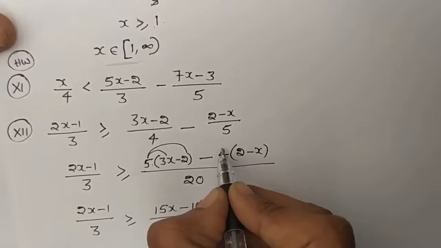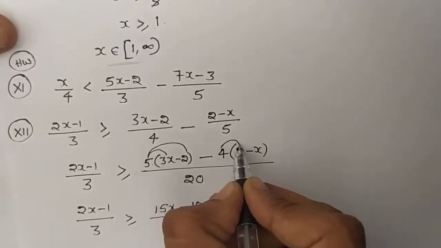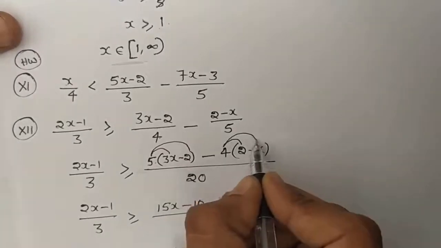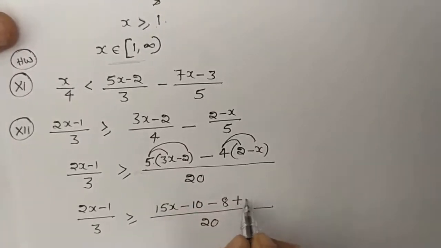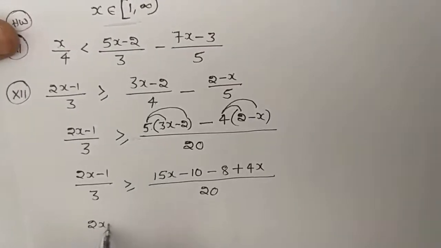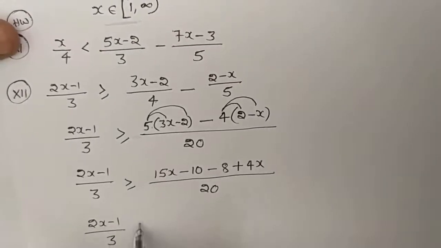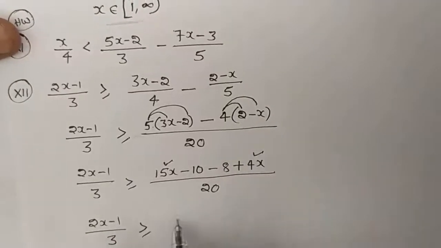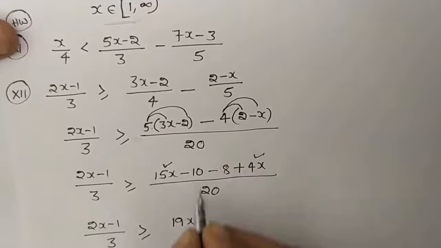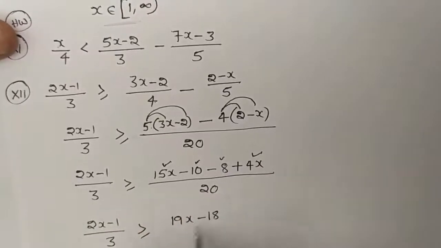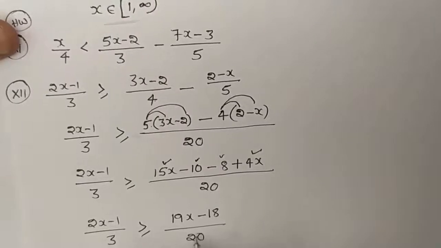Next, minus 4 into 2 is minus 8, and minus 4 into minus x is plus 4x. Now 15x plus 4x is 19x, and minus 10 minus 8 is minus 18, divided by 20.